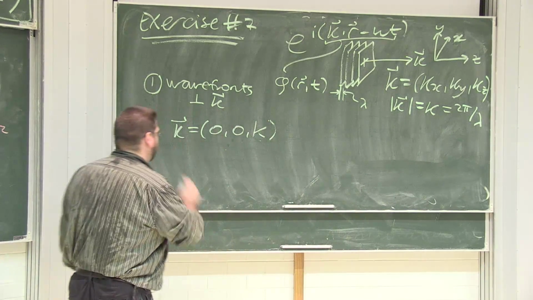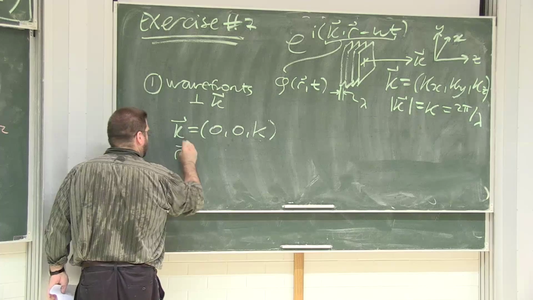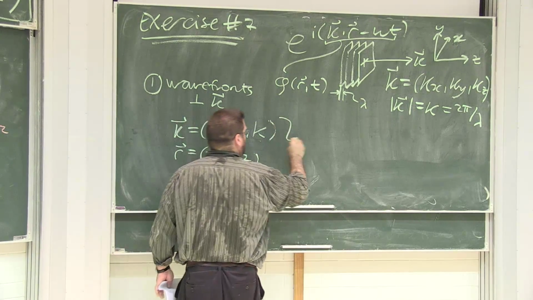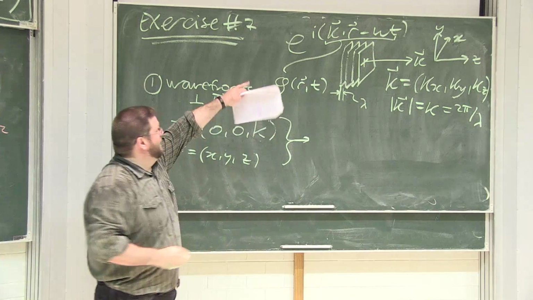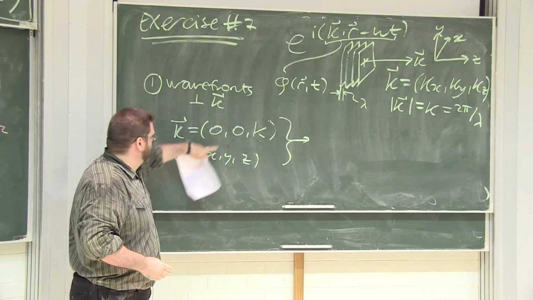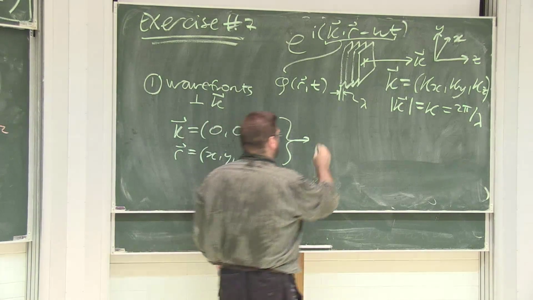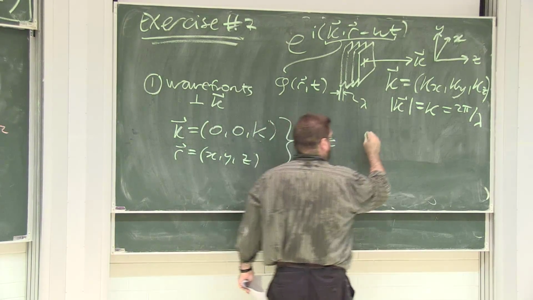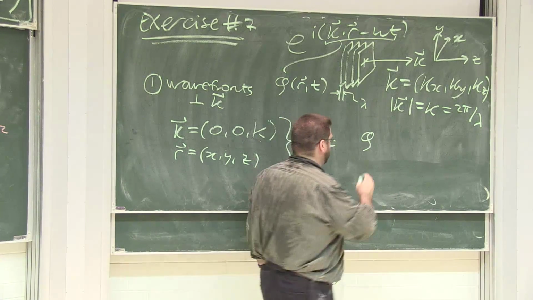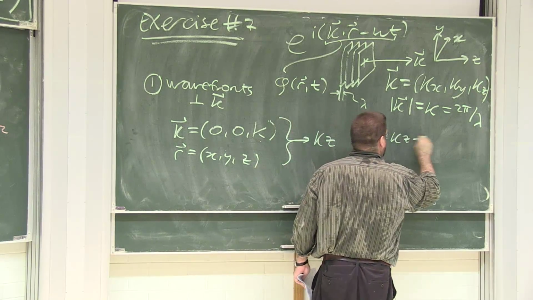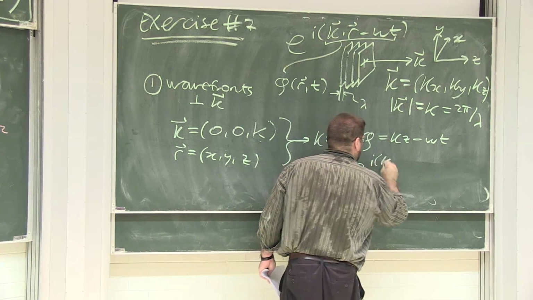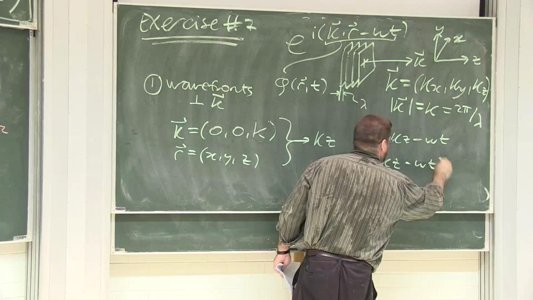So this is now our wave vector k, no loss of generality. r is still x, y, z, but the k dot r that appears in our plane wave is now going to be 0 times x plus 0 times y plus k times z. So in this coordinate system, the phase of the wave function is kz minus omega t, and our plane wave is a z-directed plane wave.